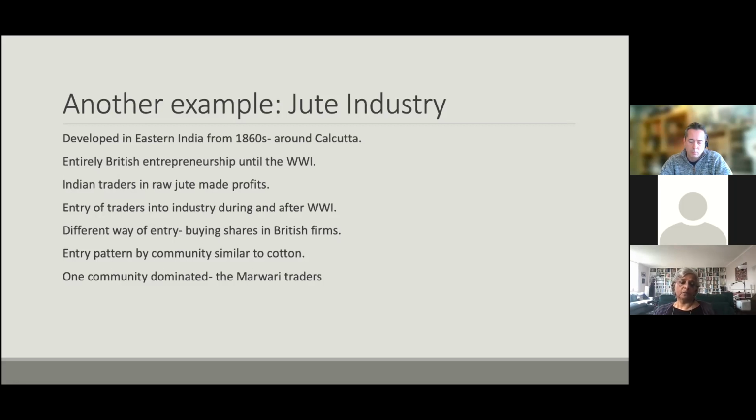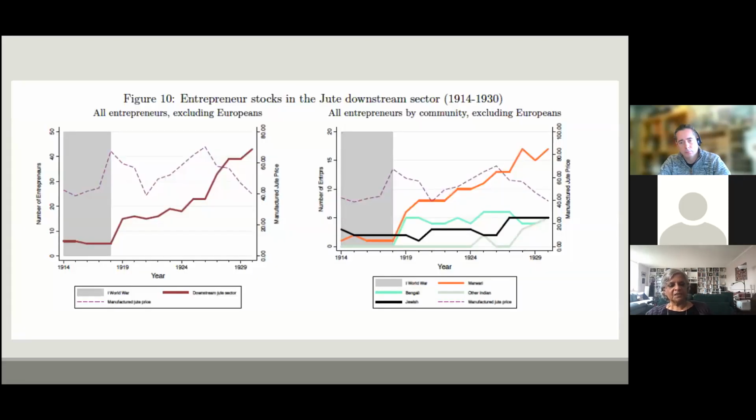After the First World War, the Indian traders in jute, so these were traders who traded in bringing the raw material of raw jute to the industry, began to invest in the textile industry, the jute textile industry. And you see the same pattern of communities becoming strong players in this particular industry.